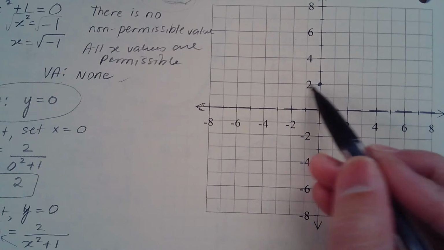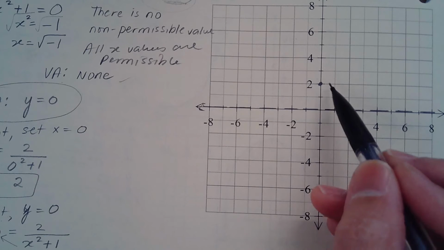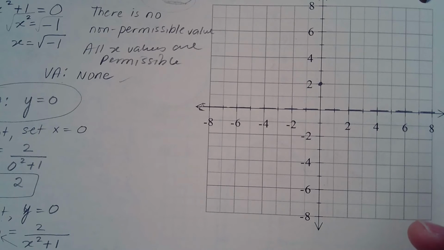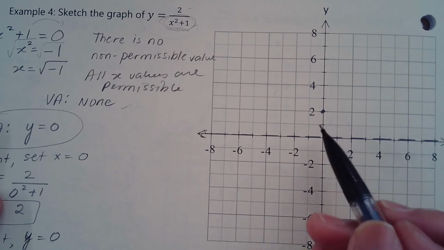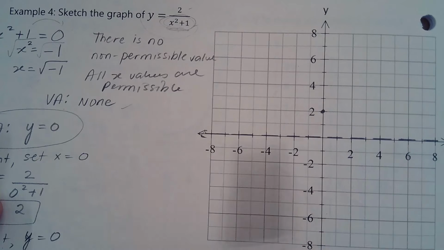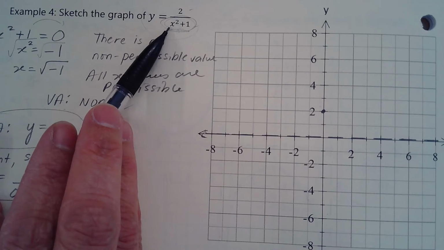How is it going to behave as we go to the left side and then to the right side? Okay, let's imagine this. If you pick x equals 1, what would happen to the denominator?